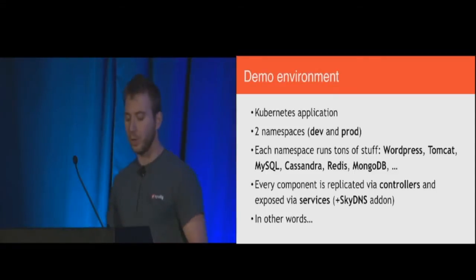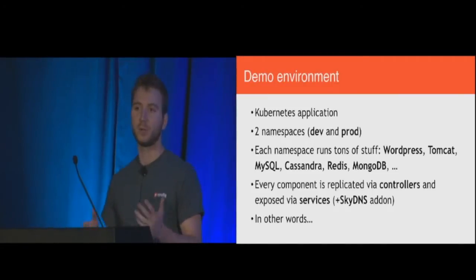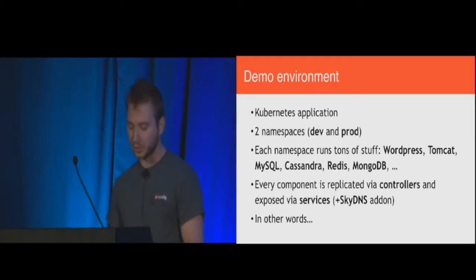So each of those components lives in a separate pod, and each of those pods is automatically managed by a replication controller, and the components interact with each other using services and the Sky DNS extension, so that I get a nice DNS user-friendly name as well as a virtual static IP address for my services.